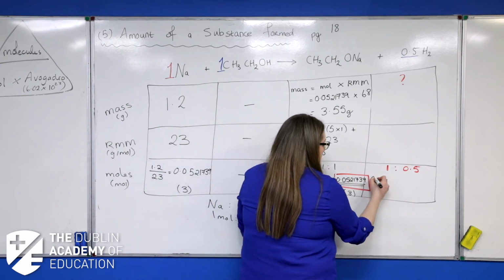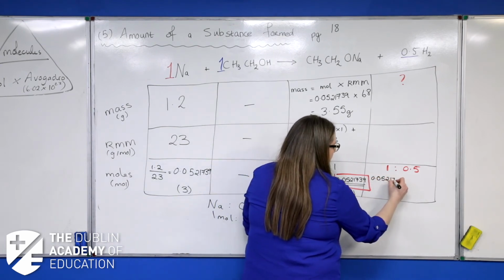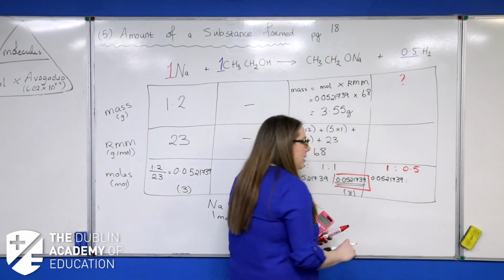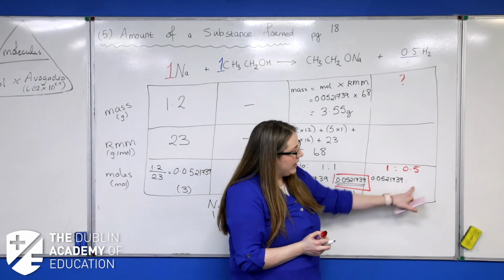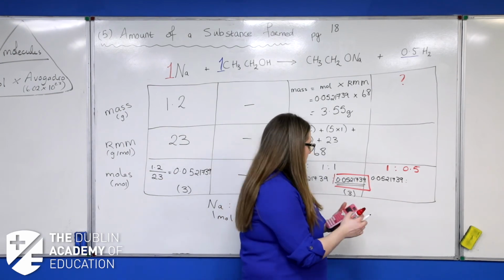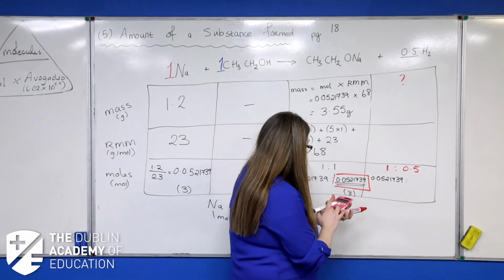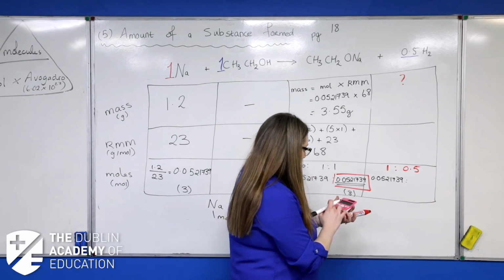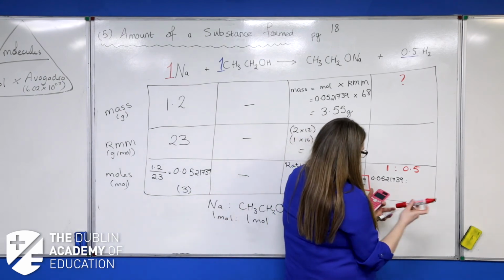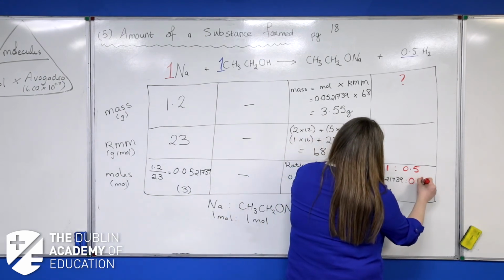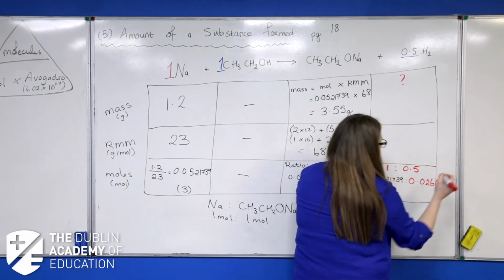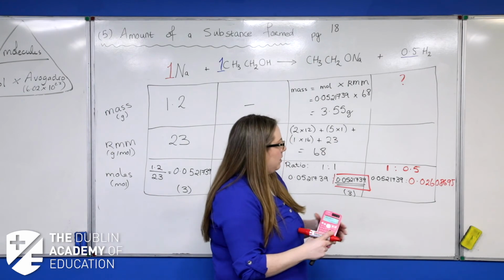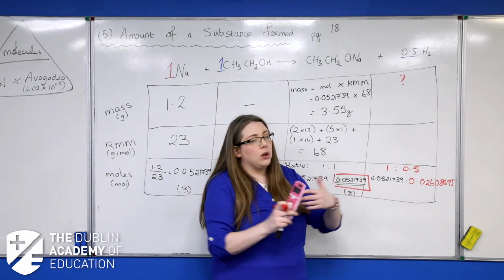So if we have 0.052179, that's how many moles of sodium that we started with. The number of moles of hydrogen is going to be half that. So let's do it. I'm not doing that in my head. Which is 0.0260865.